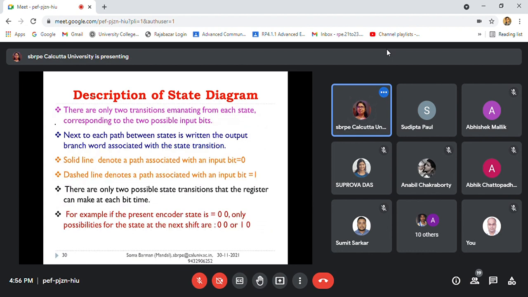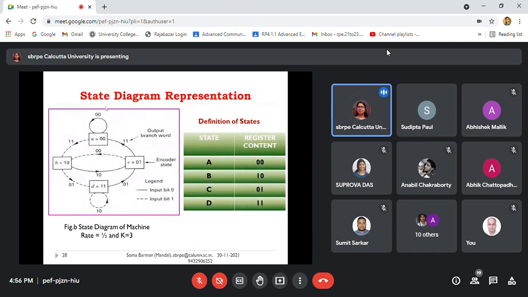Also, there are only two transitions emanating from each state, corresponding to the two possible input bits. Means if I consider any node, suppose B, so B is the 1 0 state, and suppose another input 1 is coming, so this one will be shifted here, and the new one will replace this one.